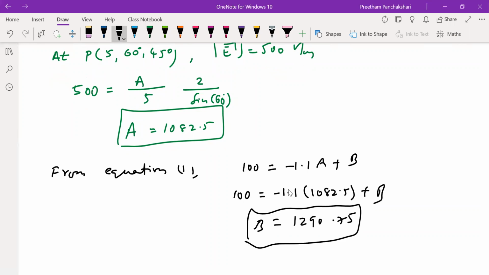If you use the exact value for this 1.1, some of you may also get the answer as 1288.6. This is also right. Both are approximately equal. This small error occurs due to rounding of the values. So that is the problem. Thank you.